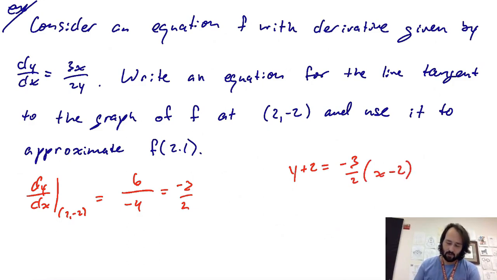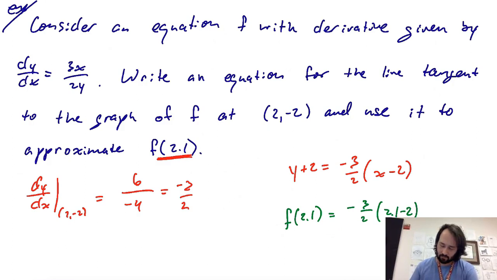And if I want to use this to approximate f of 2.1, what I can do here, right, is I can say, well, f of 2.1 would be somewhat similar to -3 halves times 2.1 minus 2, minus 2.